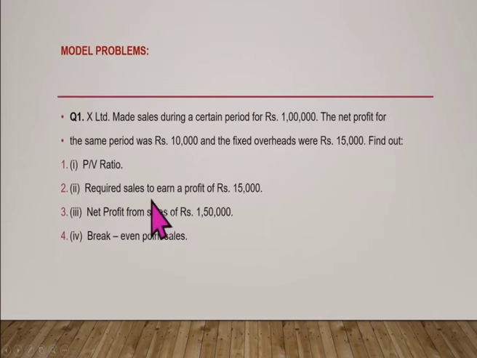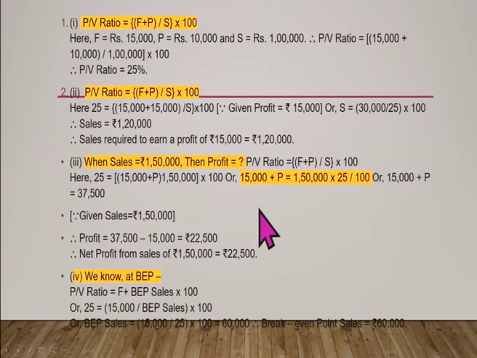Next one is the net profit from sales of rupees 1,50,000. So, when there are 1,50,000 sales, what is the net profit? Simple, here we can calculate sales into PV ratio minus fixed cost, and you will get the profit. Sales of 1,50,000 are already given, and 25% is the PV ratio we have taken.